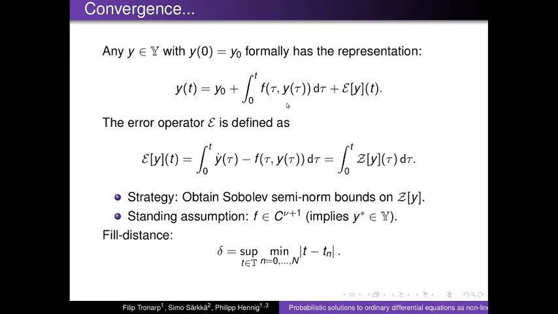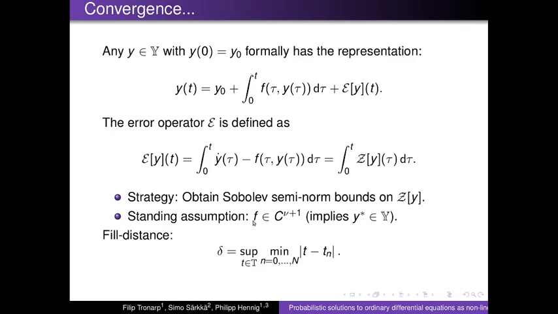So it looks like the solution to the integral formulation of the ordinary differential equation plus some error term e of y over t. And this e, of course, is just defined as the integral of the derivative minus the vector field, which is just the integrated information operator. And so essentially we can see that our MAP estimate will converge if we can get this e(y) to be small enough for sufficiently dense grids, essentially.